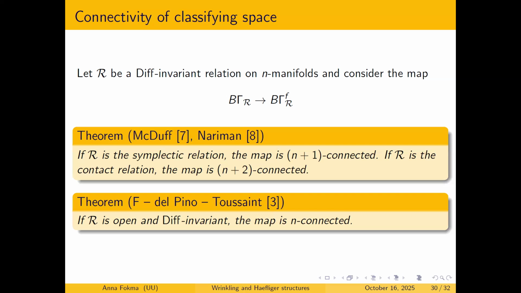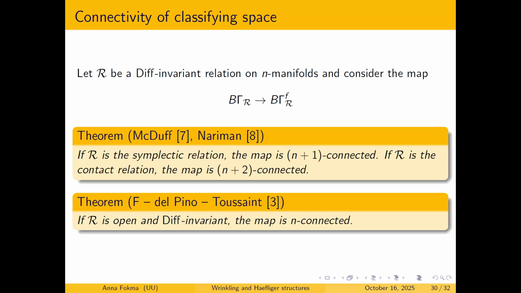And then later also by McDuff, who proved that if you're considering the symplectic or contact relation, this map is at least n+1 connected. And Sam showed that if you're considering the contact relation, this map is at least n+2 connected.